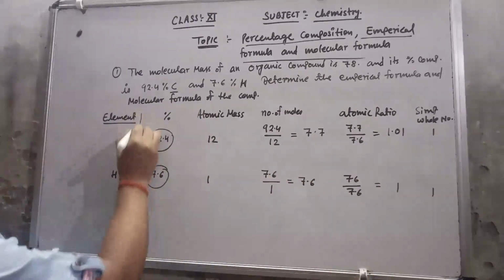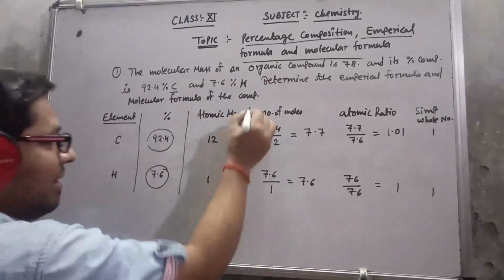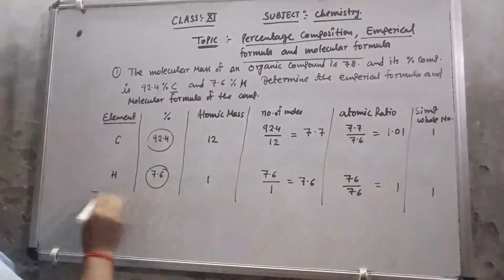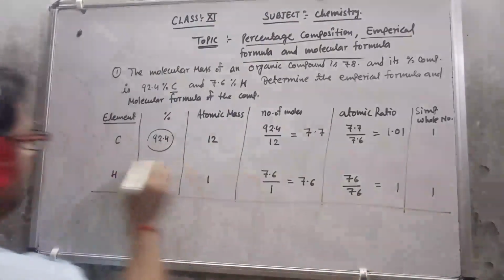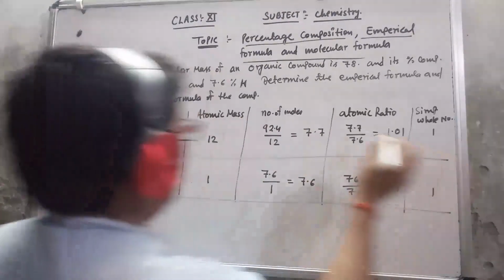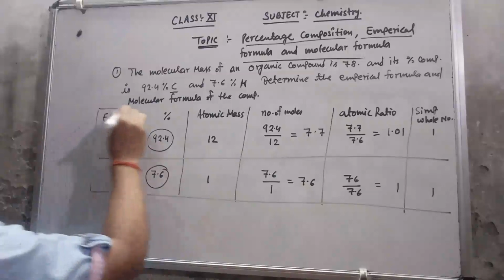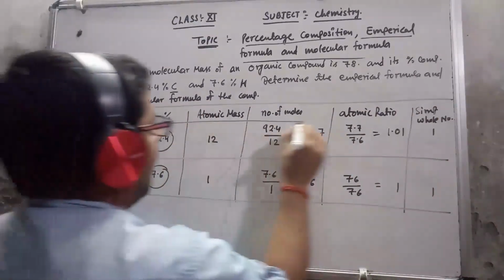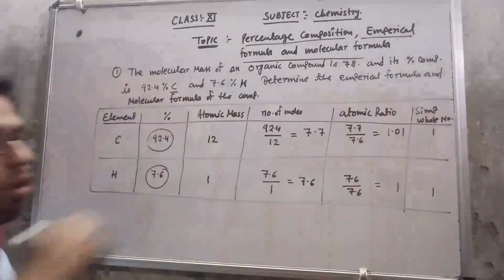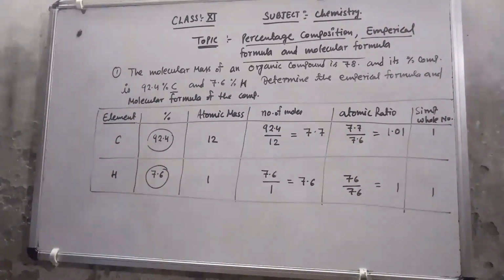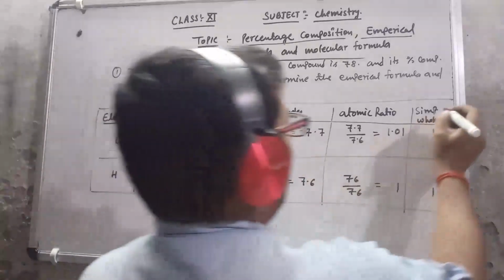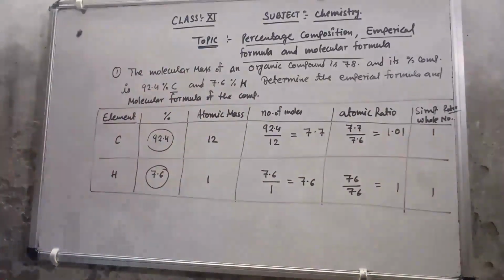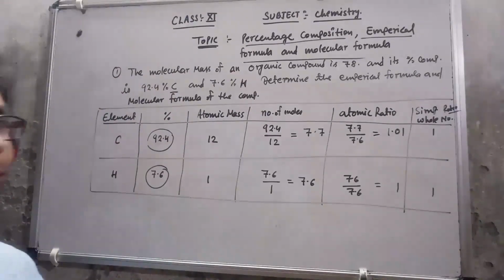Now this is the table we need to solve this type of question. Most of the part is completed. You can check what I am getting at last: the simple whole number ratio. In a simple whole number ratio, we get the empirical formula.